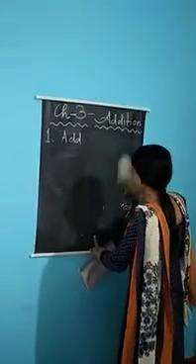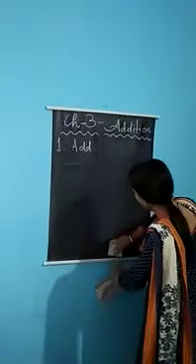We can add if we count forward. We always know when we have to add, we have to move forward, we have to count forward. Suppose you have to add 8 and 2.